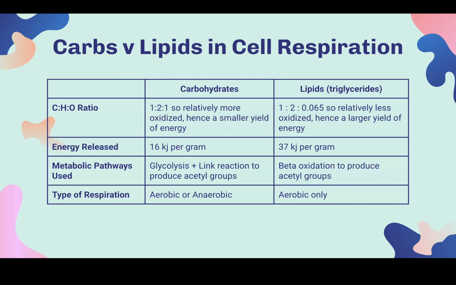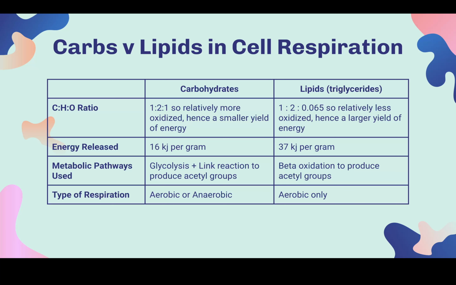So there's relatively less to be oxidized, there's less oxidation, and therefore a higher yield of energy. The energy released in carbohydrates is 16 kilojoules per gram of carbs, while for lipids it's 37 kilojoules per gram of lipids.